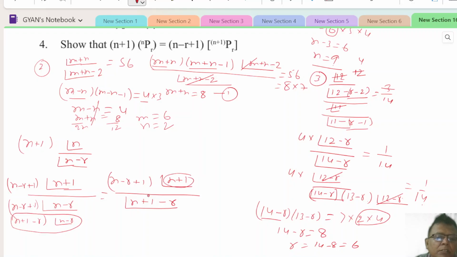So this one and this one are the same, then n minus r plus 1, that is (n plus 1) P r. So this is the RHS.